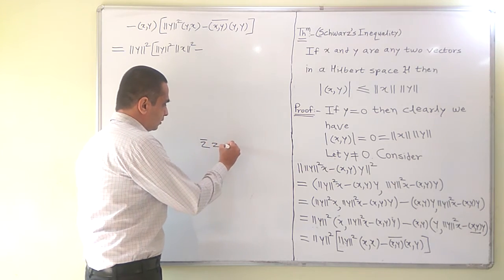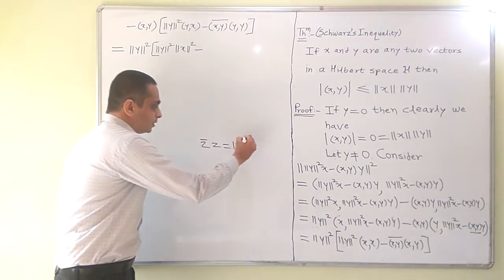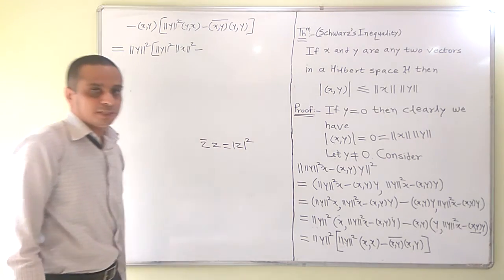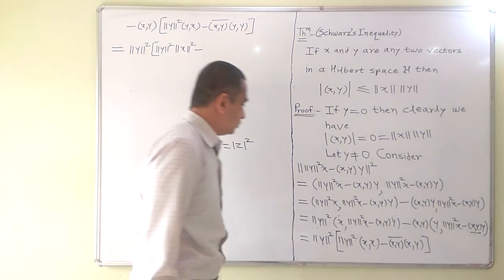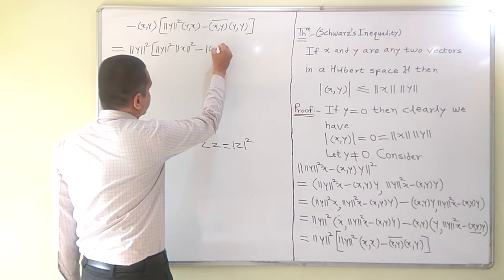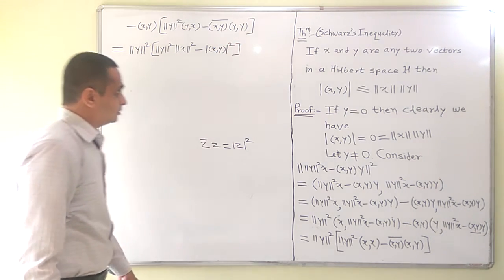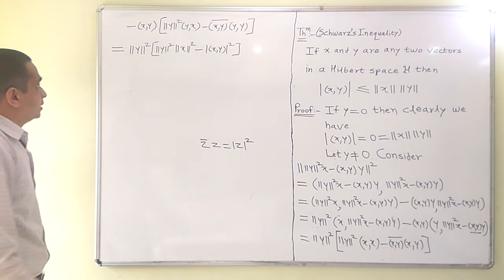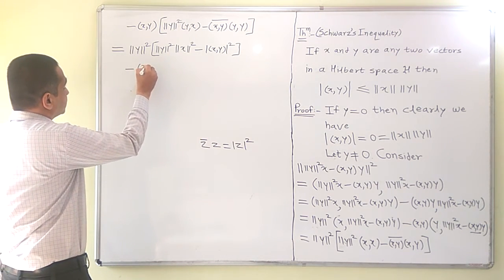You know the property of complex numbers. Z conjugate z equals modulus of z square. So this will be simplified to minus mod inner product of xy square. So this is the first term, minus second term, simplification of this.